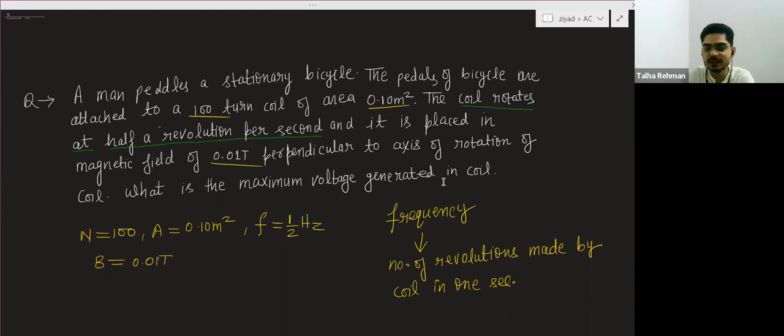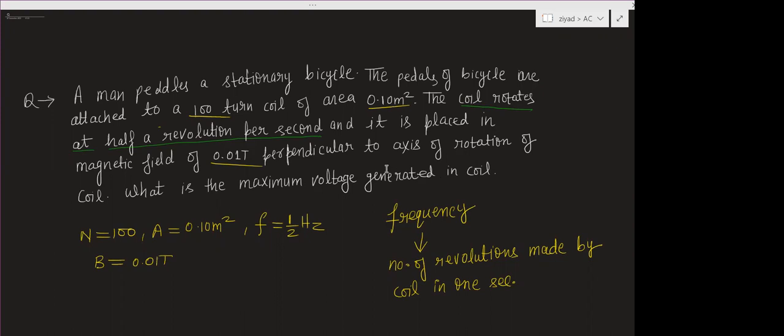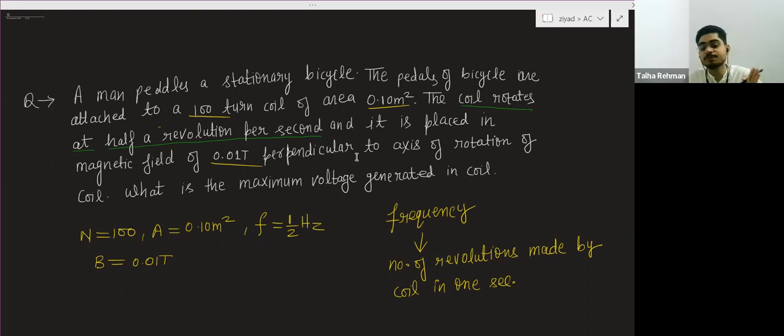They are saying that the coil is placed in a magnetic field, and that magnetic field is perpendicular to the axis of rotation of the coil. So what is the meaning? Suppose this is your coil.